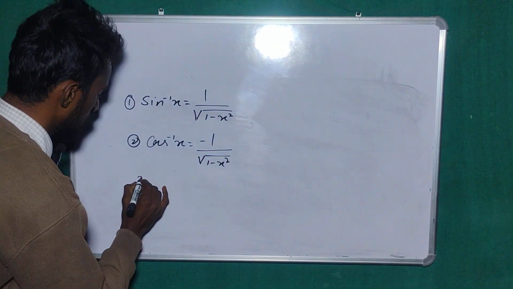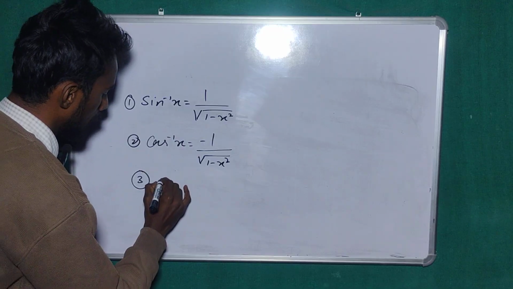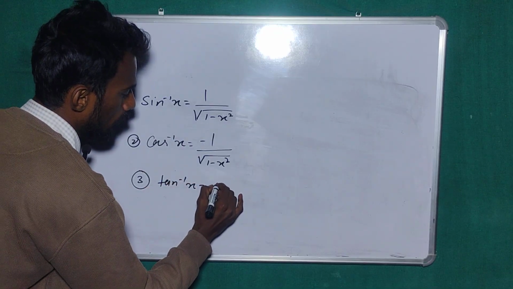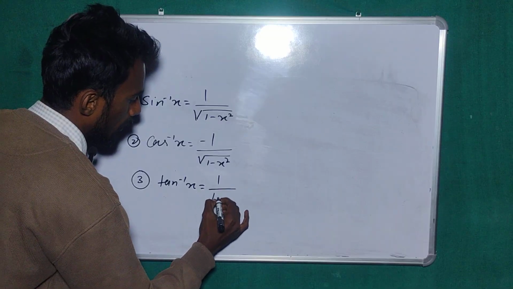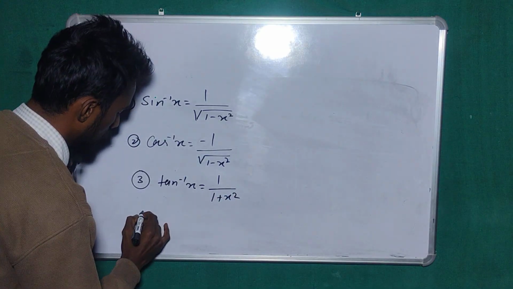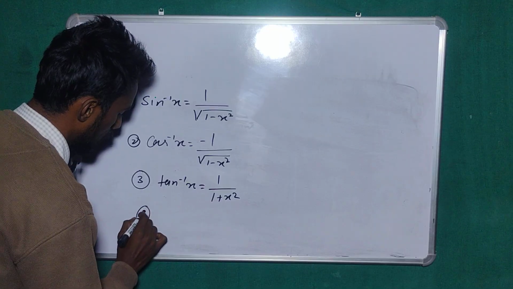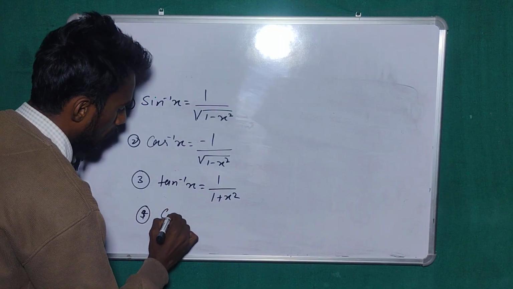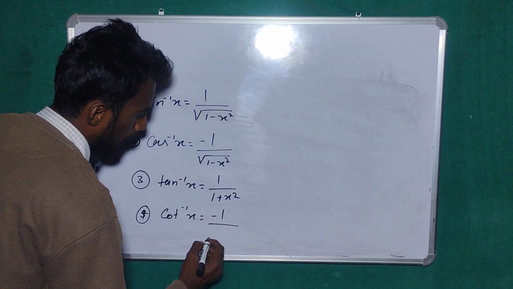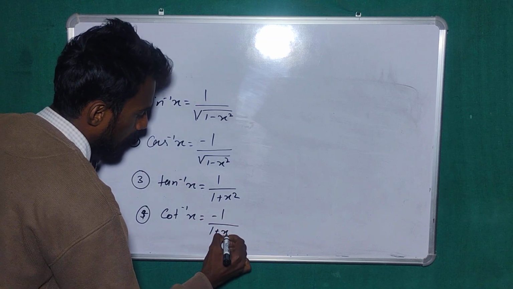Now the third one, tan inverse x is equal to 1 upon 1 plus x square. Fourth, cot inverse x is equal to minus 1 upon 1 plus x square.